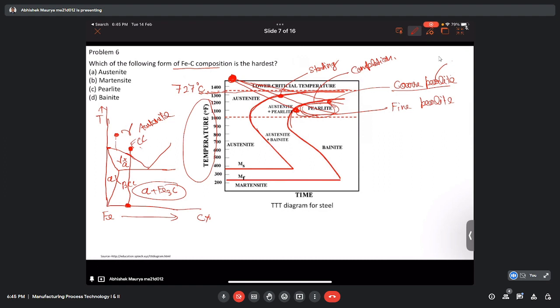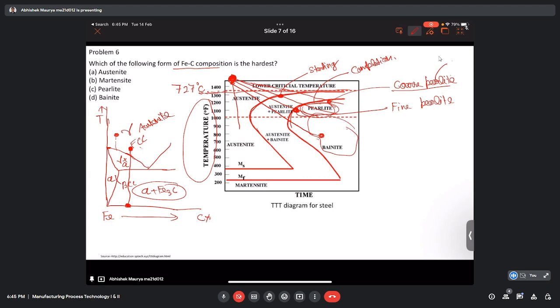But suppose we further increase the cooling rate, what will happen? We will come into this region, which is called bainite.